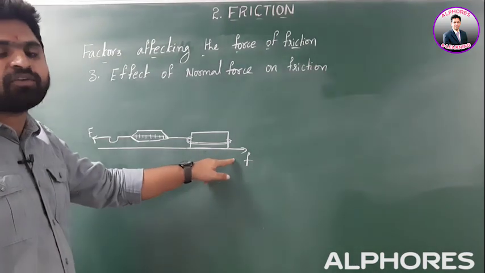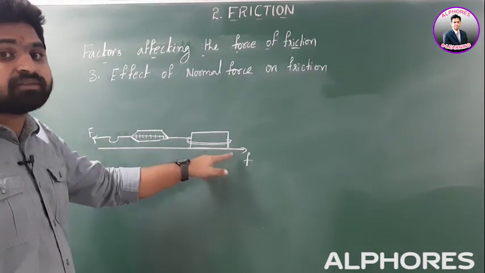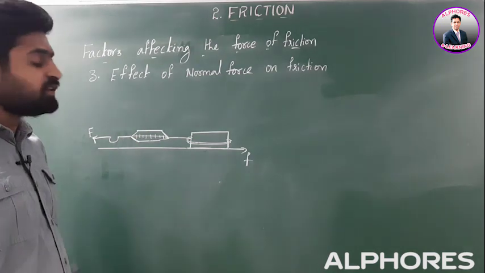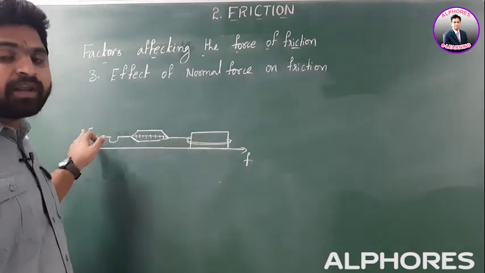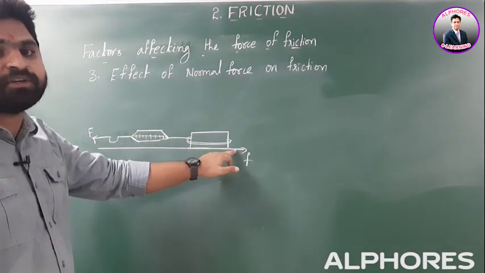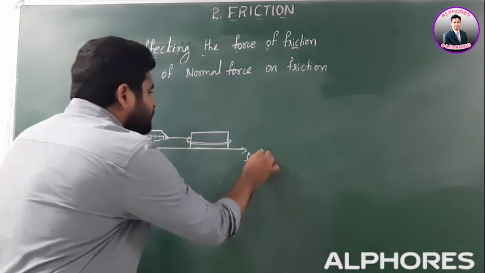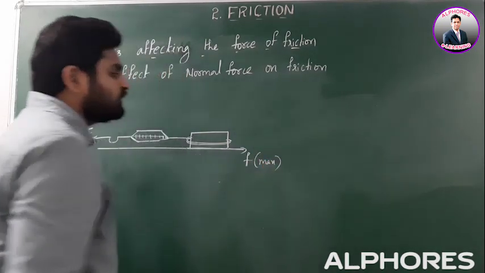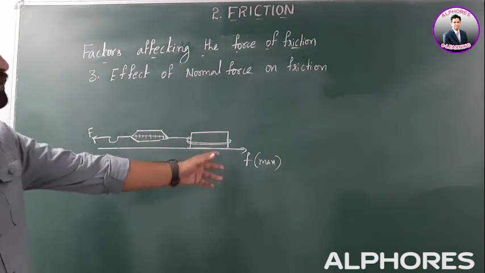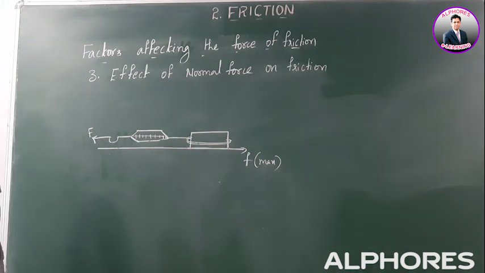When the brick is ready to move, the applied force is equal to the maximum limit of the friction. I hope you understand. Now we have got a maximum limit of friction in this case.